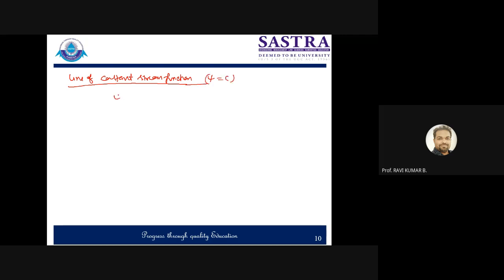So we can say ψ is a function of x and y, same analogy used, which is a constant. So you can say dψ is equal to ∂ψ/∂x dx plus ∂ψ/∂y dy, which is equal to 0. So we can say from here dy by dx, that is the slope of ψ equal to constant.